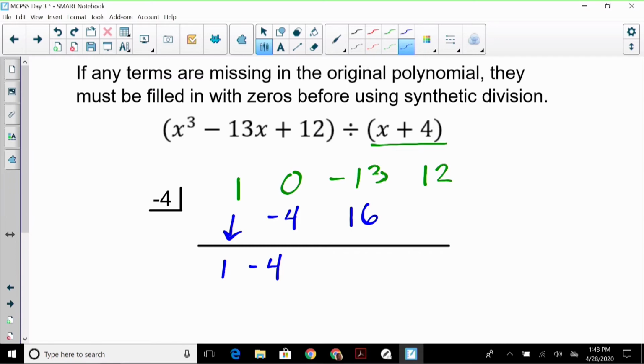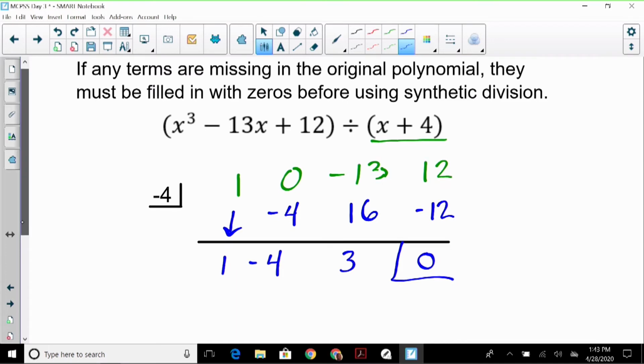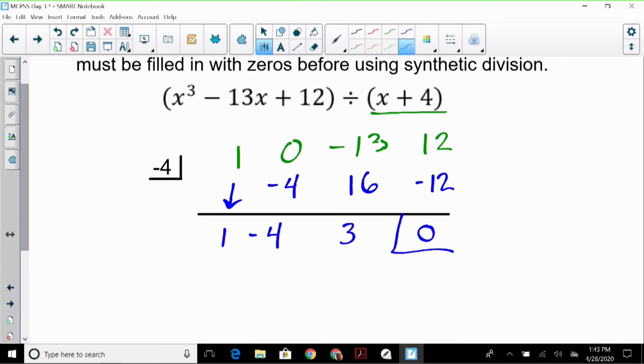Add these, -13 plus 16 is 3. 3 times -4 is -12. Once again, my remainder is 0. These are my favorite kind when the remainders are 0. So my solution would be x squared minus 4x plus 3.